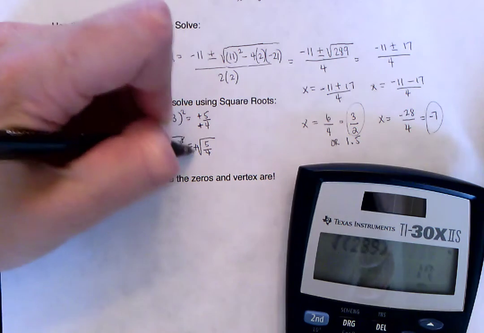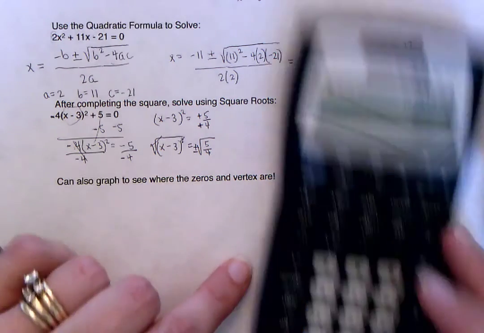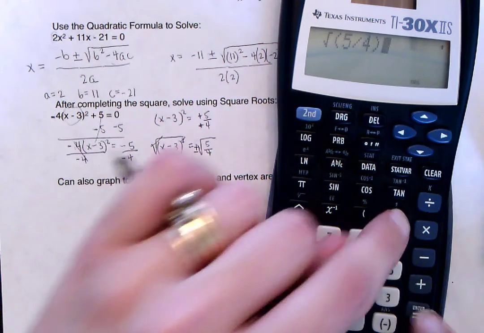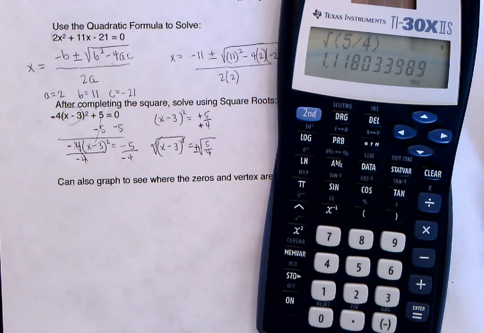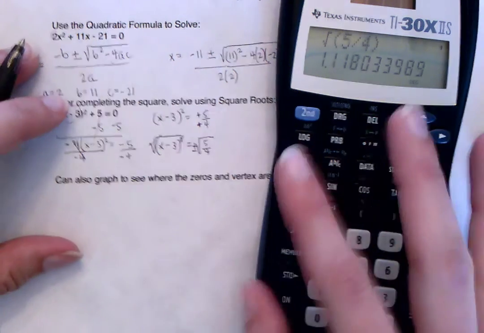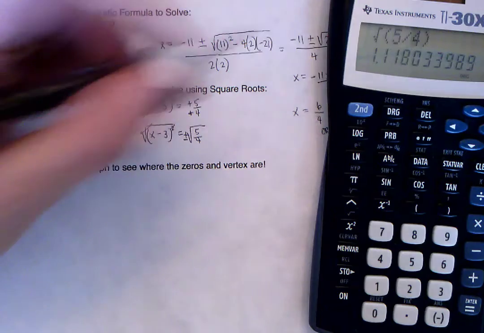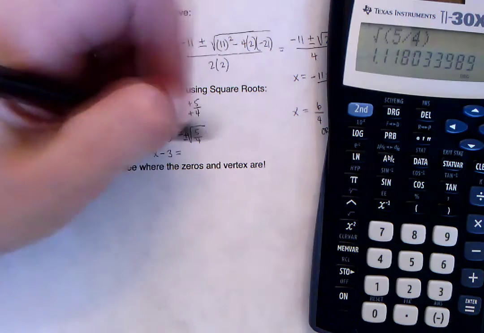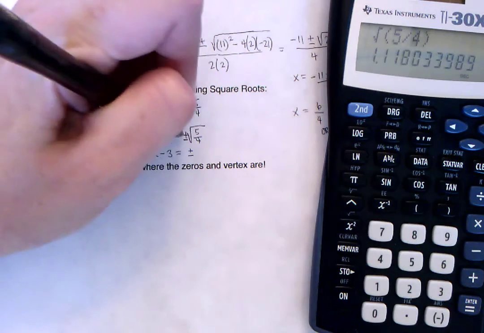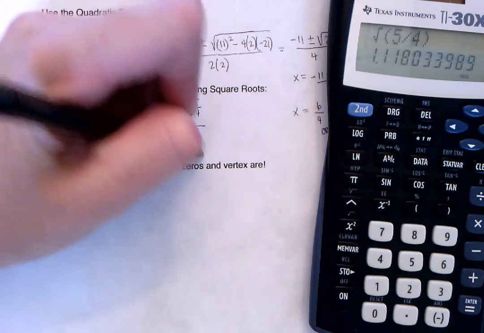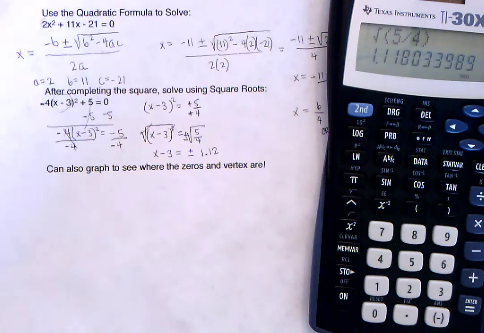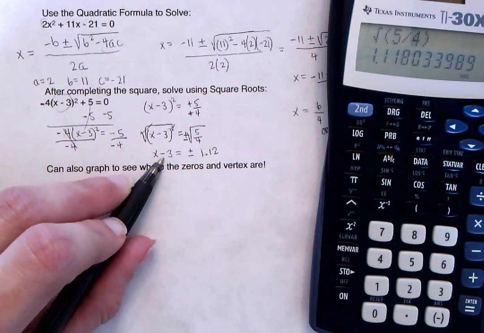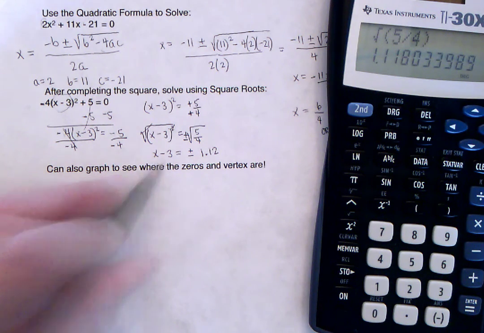So we actually have a plus or minus, whatever this is. I'm going to put this in here. 1.12. We'll just go with that. So we have x minus 3 equals plus or minus, remember we have two answers when we take the square root, 1.12. And then from there, to get x by itself, we just have to add 3 to both sides.